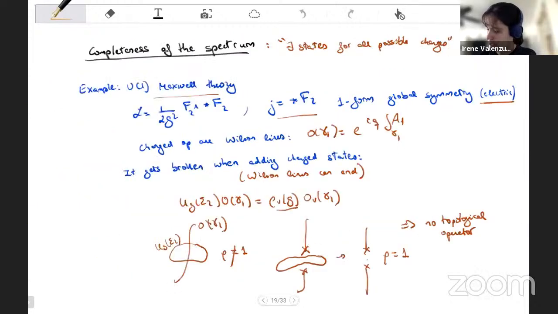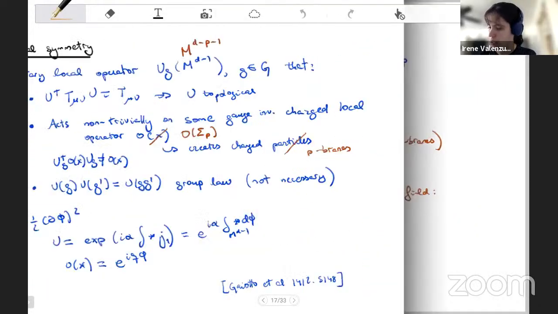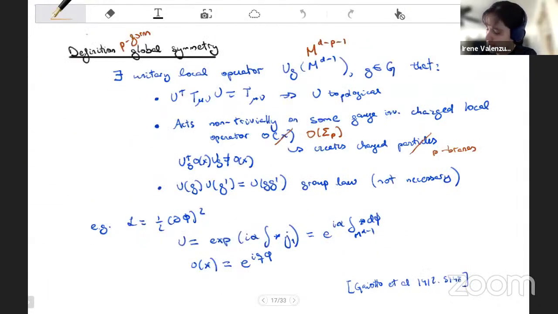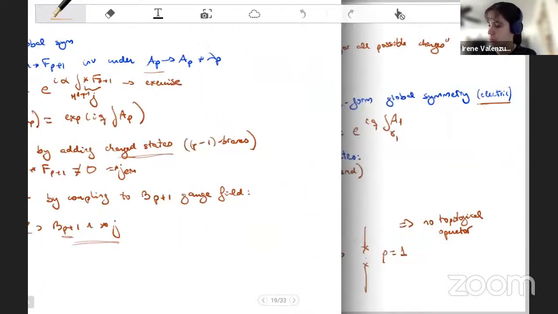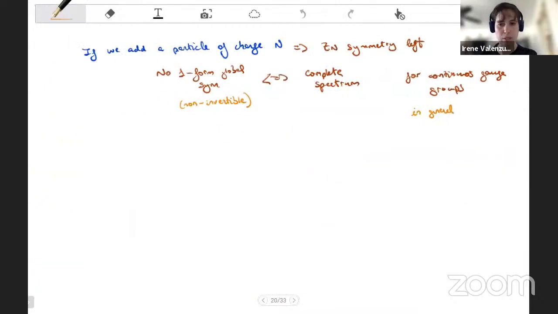Let me come back to the slide. It's the same that we had before, but with the difference that we don't require a group law. So the operators are not necessarily invertible. This is another generalization, and it seems important to be able to have a one-to-one correspondence between the completeness of the charge spectrum and no global symmetries in complete generality.